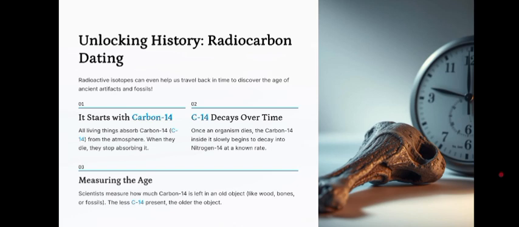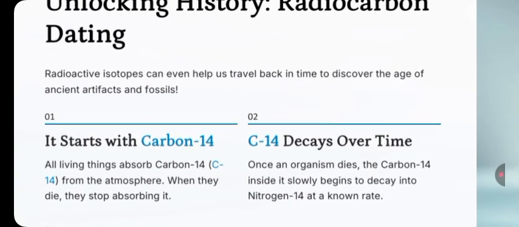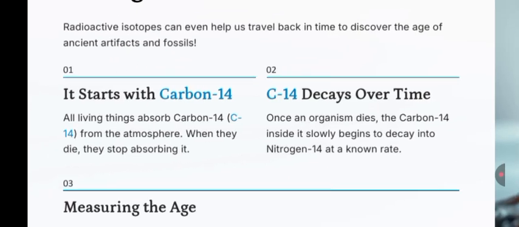Radioactive isotopes can even help us travel back in time to discover the age of ancient artifacts and fossils. Let's start with carbon 14.